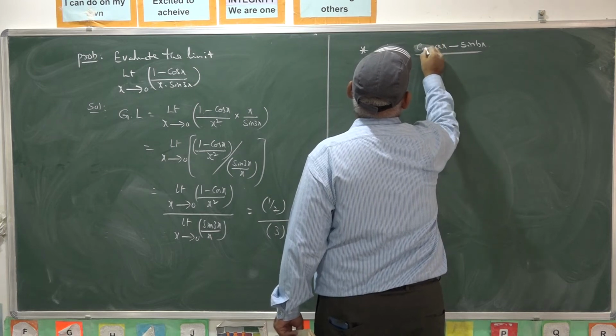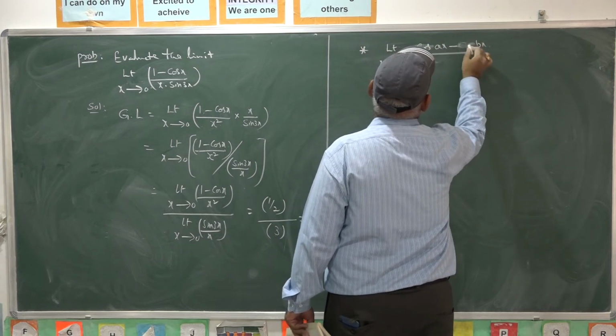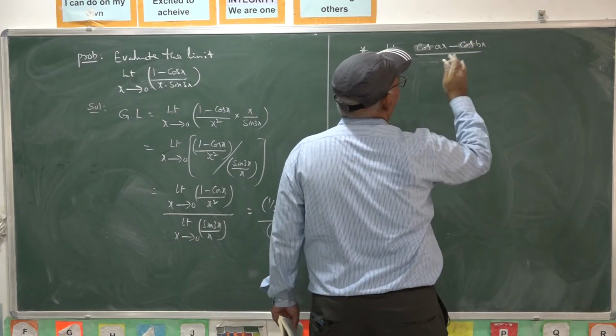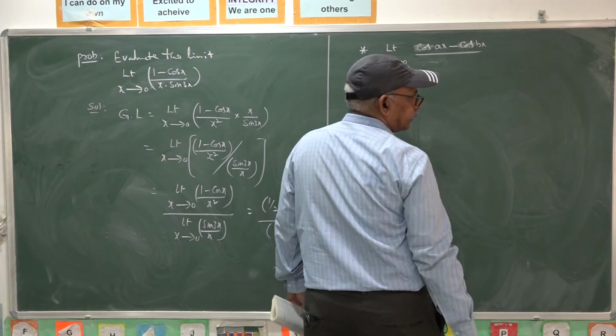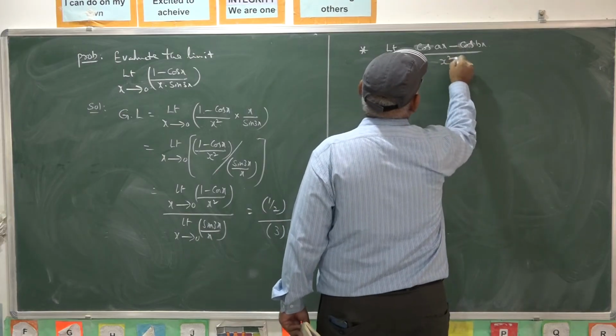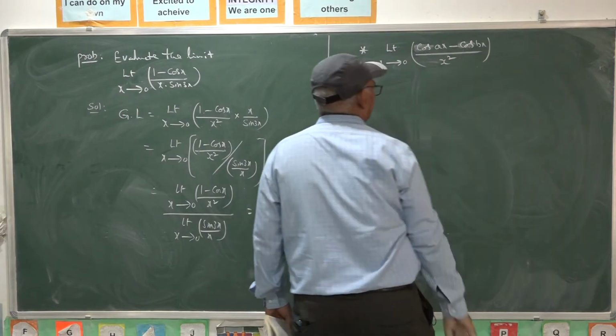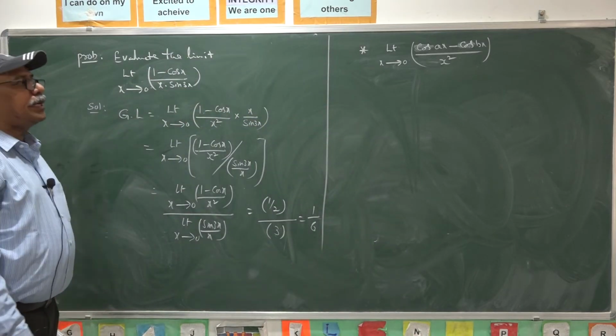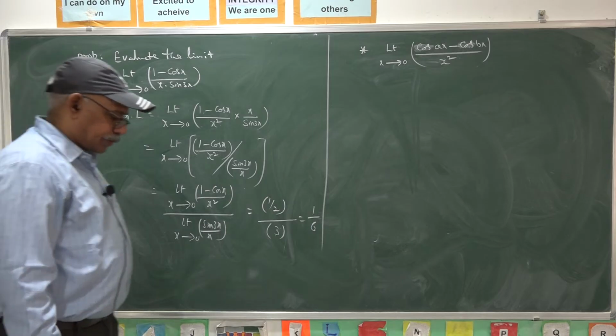Here I am taking cos ax, cos bx. Limit x goes to 0, cos ax minus cos bx by x square.